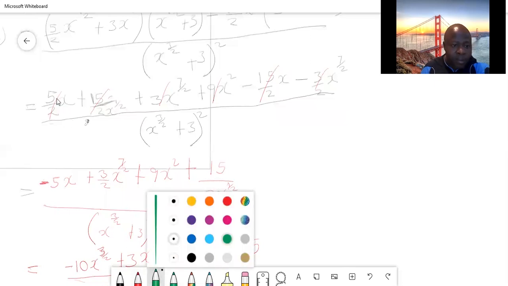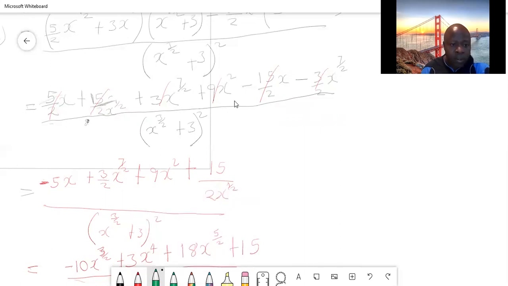The first bit, this one, 5 over 2, we did it with this one, and it gave us negative 5, because we would have negative 7.5 plus 2.5. So it is negative 5x.